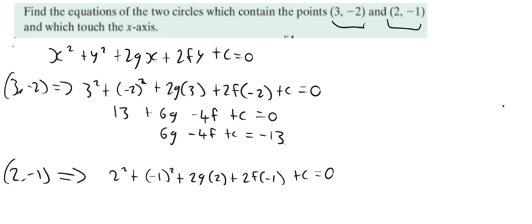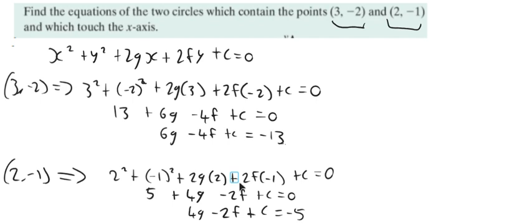So 2 squared is 4, minus 1 squared is 1, so we get 5 plus 4g minus 2f plus c is equal to 0. So 4g minus 2f plus c is equal to minus 5, if you bring the 5 across.